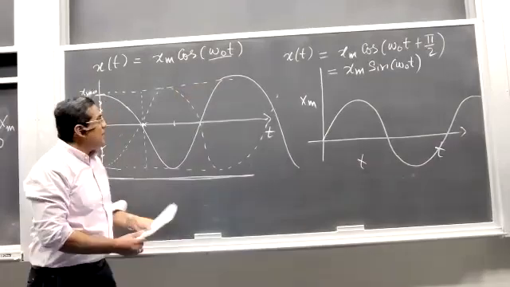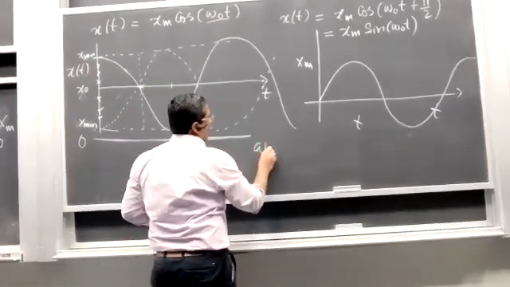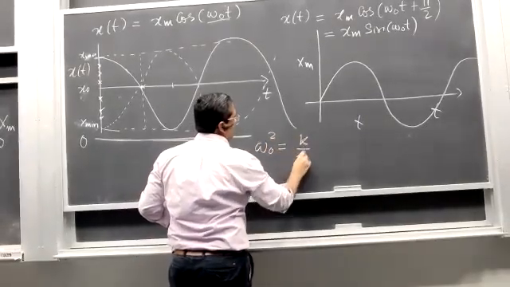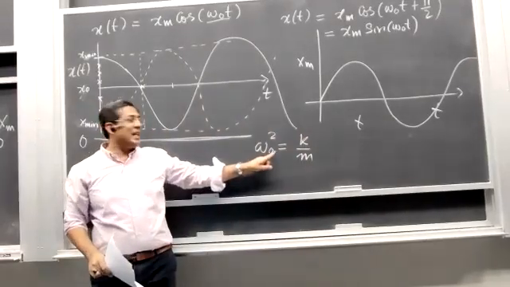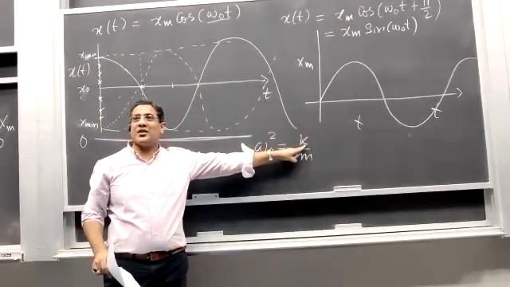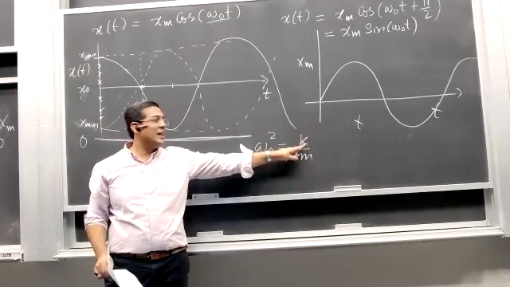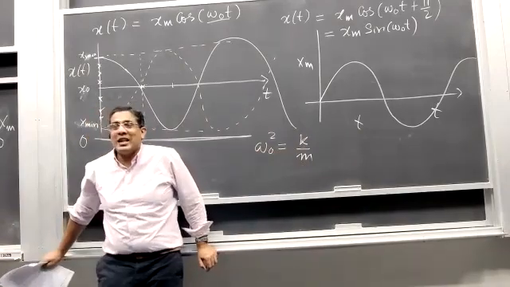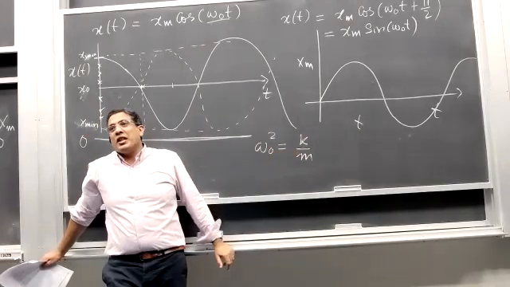Remember the definition: omega naught squared is equal to k over m. So it depends on the force constant, the restoring force at play, and the mass of the oscillator. If you change any of these two, the frequency of oscillation would change.